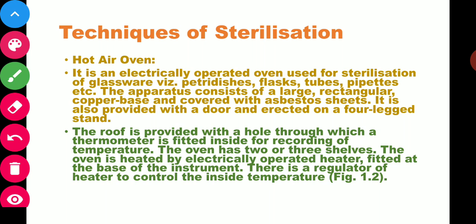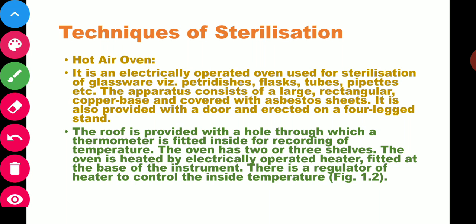It is also provided with a door and erected on a four-legged stand. The roof is provided with a hole through which a thermometer is fitted inside for recording temperature. The oven has two or three cells. The oven is heated by an electrically operated heater fitted at the base of the instrument.